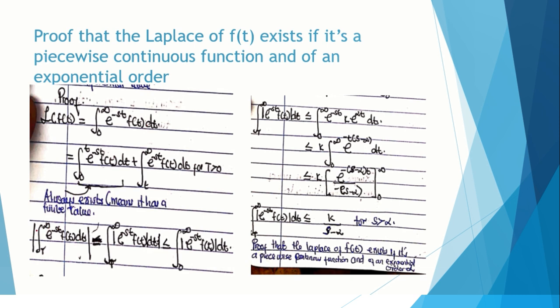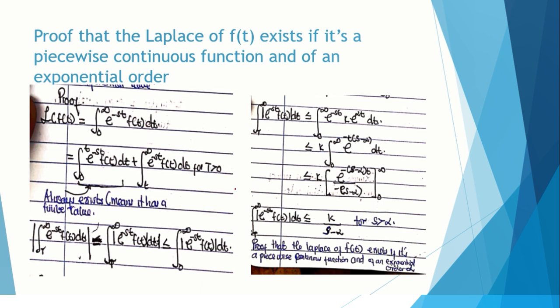So for the modulus, when we integrate from t up to infinity, e^(-st) f(t) dt is equal to the integral with the modulus inside. But this has to be less than or equal to when we integrate from 0 up to infinity. Automatically you're going to see that this cannot be equal to this, because this defines the whole function, but this defines only half of the function. So it has to be less than or equal to this one.